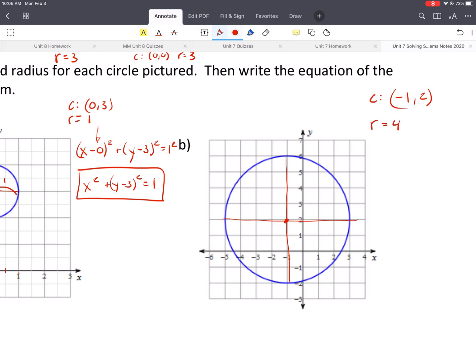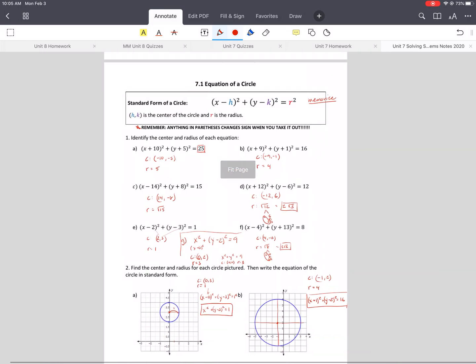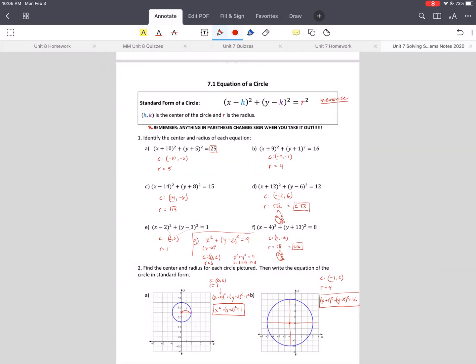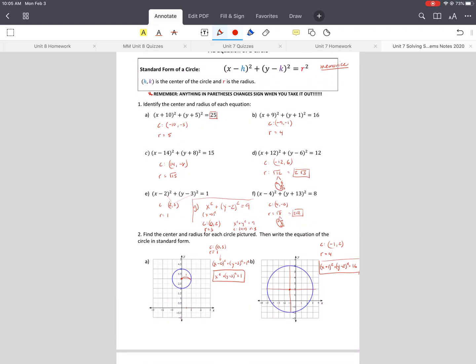We'll plug it into our equation. So x minus a negative 1 gives you a plus 1, squared, plus (y minus 2) squared equals 4 squared, so that gives us 16. So I would suggest memorizing the equation, or writing it down whenever you need to, just to make sure you don't forget that the sign changes when you plug it in or take it out.